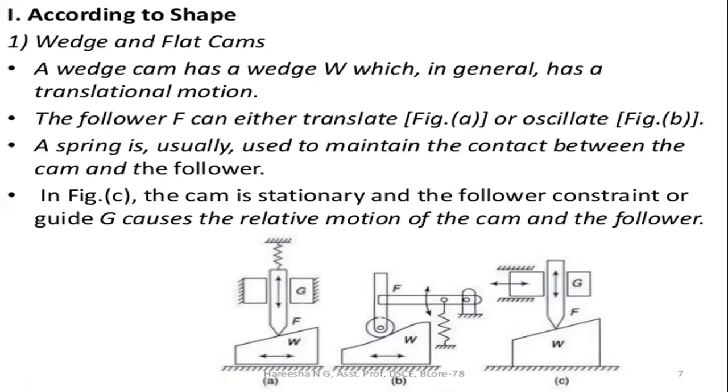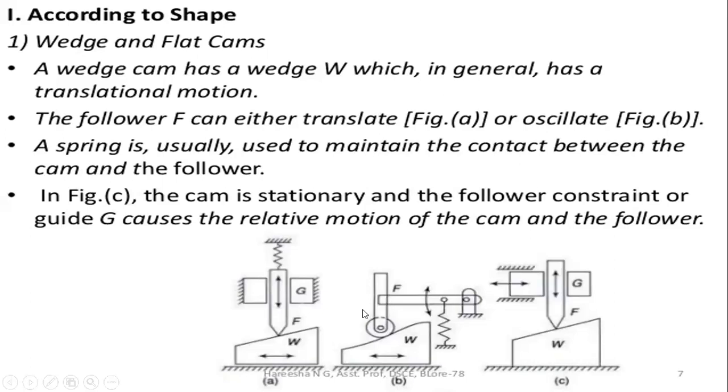According to the shape of the wedge, the follower can either translate or oscillate in direction. And a spring is usually used to maintain the contact between the cam and the follower.